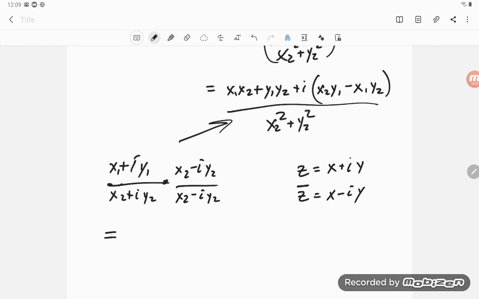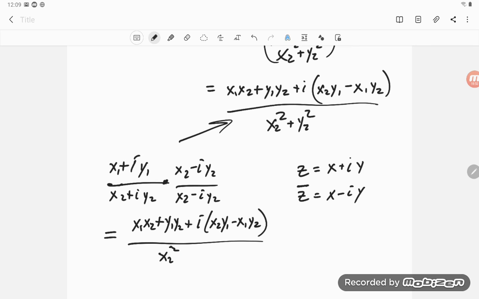This is equal to on the top x1 x2 plus y1 y2, and then plus i times x2 y1 minus x1 y2, and on the bottom I get that same x2 squared plus y2 squared.